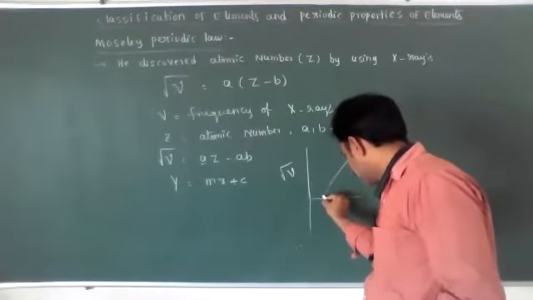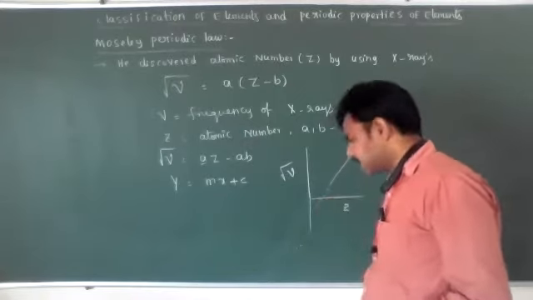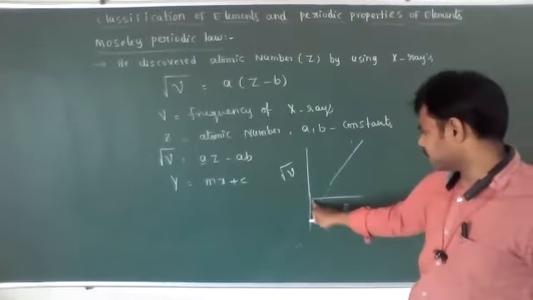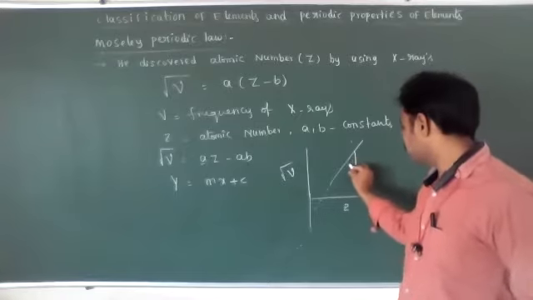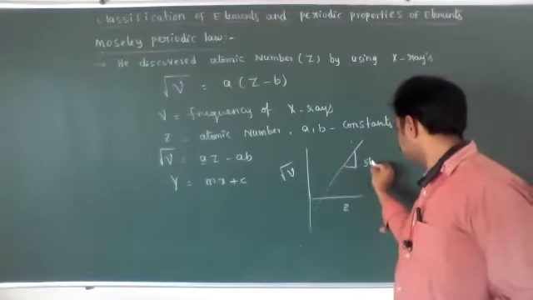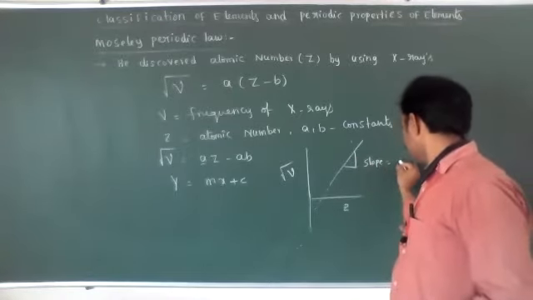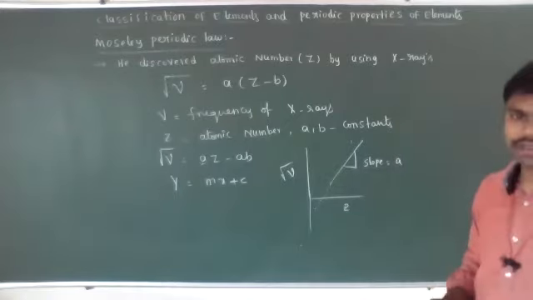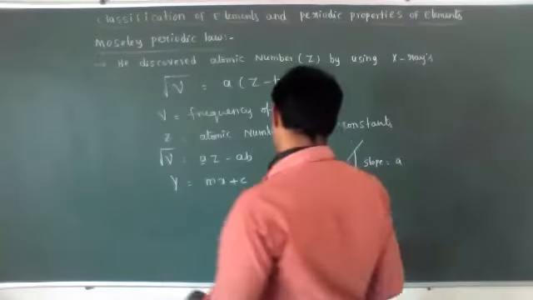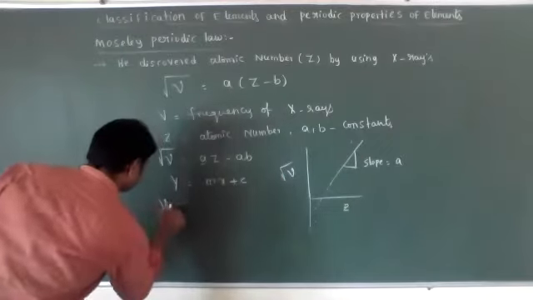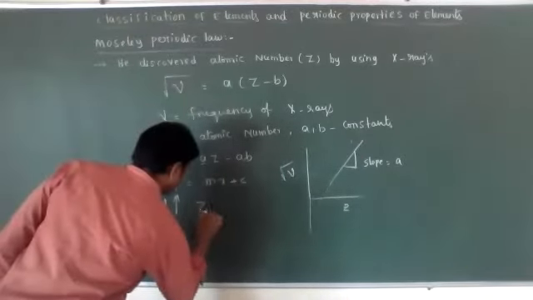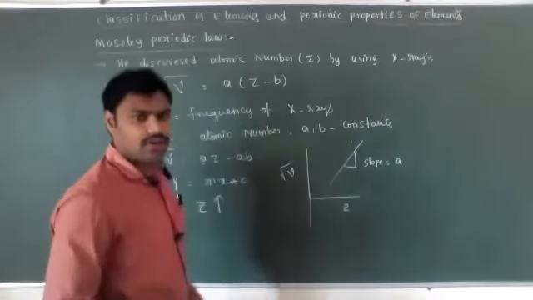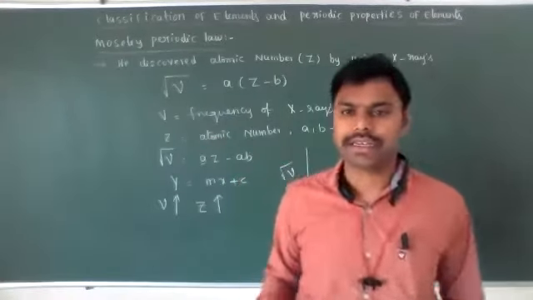Just connect this, and it goes to a negative intercept. This is the intercept, meaning AB is the intercept, and the slope is equal to A. If the frequency of X-rays increases, the atomic number also increases.